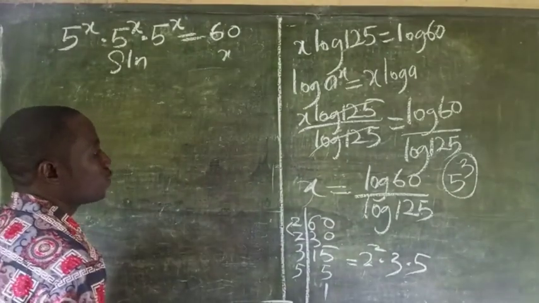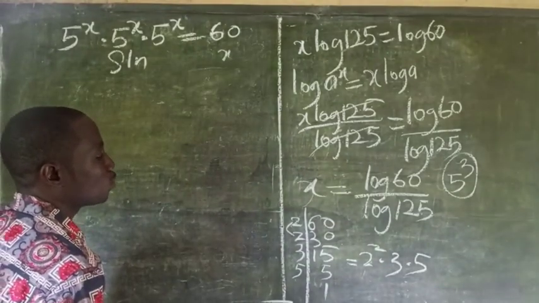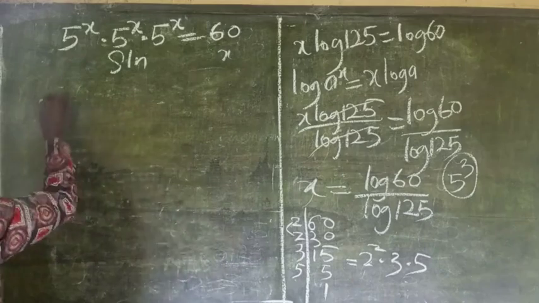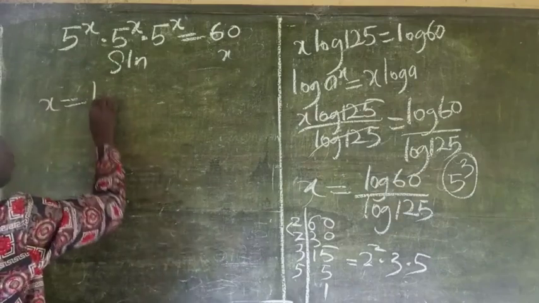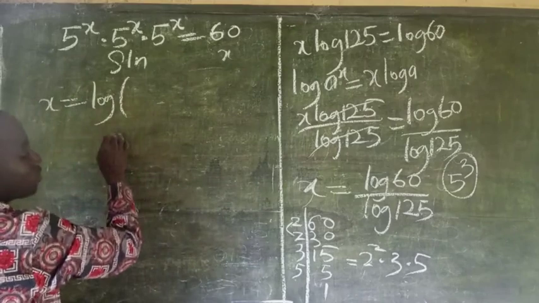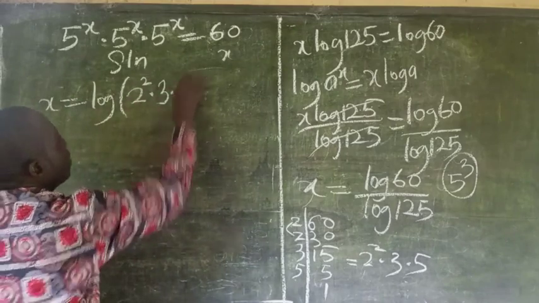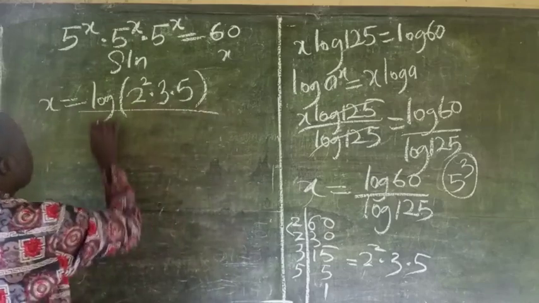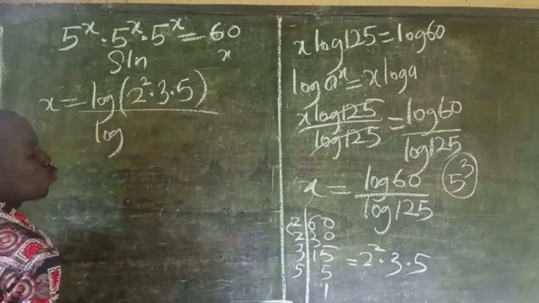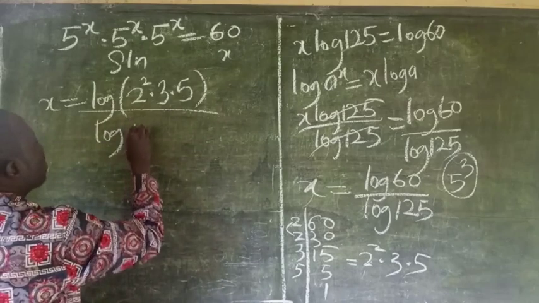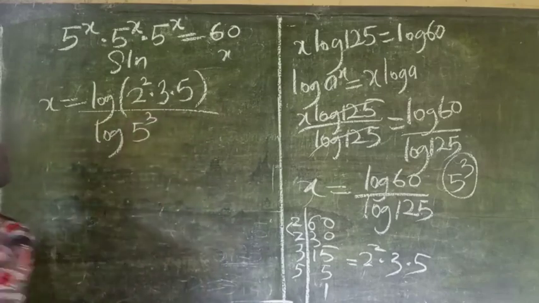Since we have values for 60 and 125, we're going to write s equal to log, in place of 60, 2 raised to the power 2 times 3 times 5, which is correct, all over log, in place of 125, 5 raised to power 3.